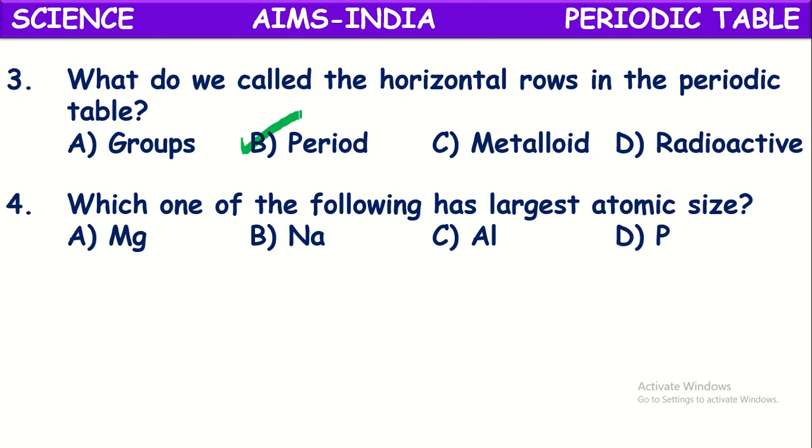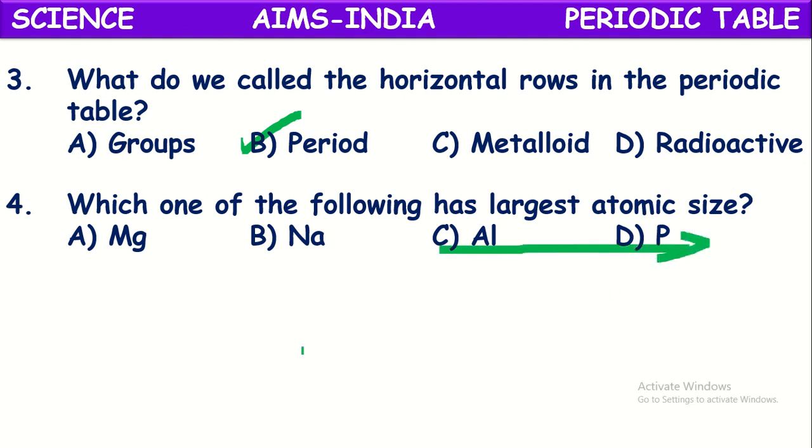Which one of the following has the largest atomic size? Which will have the largest atomic size among these four elements? Let us try to relate these elements based upon their positions. Sodium and magnesium are at the extreme left side of the periodic table, whereas aluminium and phosphorus are at the right side.